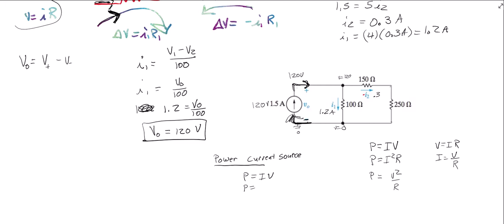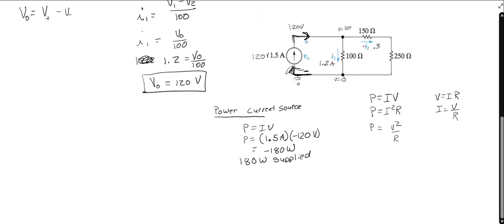The current is entering the negative side, so we're going to write a negative voltage here. Our current is 1.5 amps and our voltage is negative 120 volts. 1.5 times 120 gives us negative 180 watts, so we would say 180 watts supplied. You don't say negative 180 watts supplied. Your answer can either be negative 180 watts, or you can say 180 watts supplied.